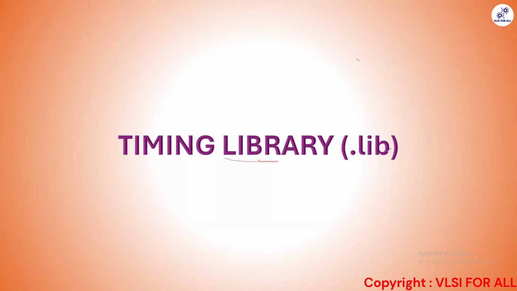If anybody asks you what is .lib, why does the timing library have the format .lib, right? The timing library, the physical library is in the form of .lef, right? It's not in the form of .lib. So .lib is an extension, a format defined by the industry standard, and it is called the liberty format.